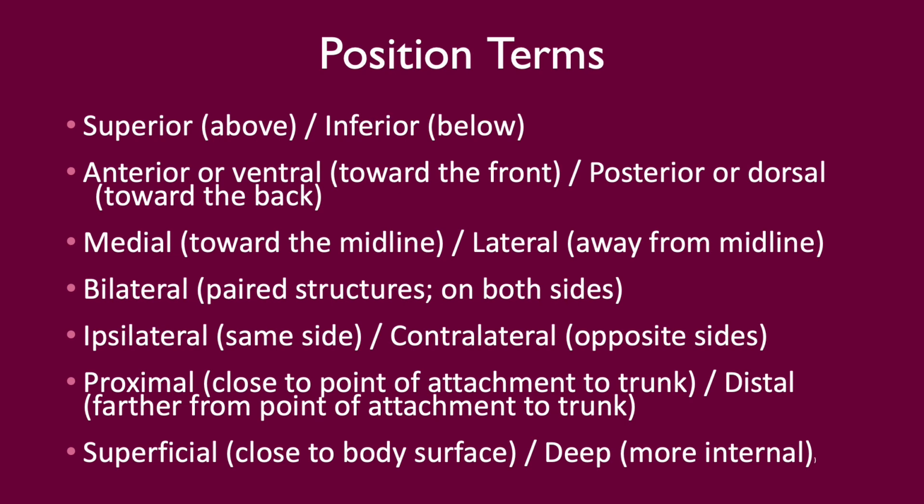Then you have medial. Medial is towards the midline, the middle. Lateral is away from the middle. Bilateral is a paired structure on both sides. Ipsilateral is the same side. Contralateral is the opposite side.